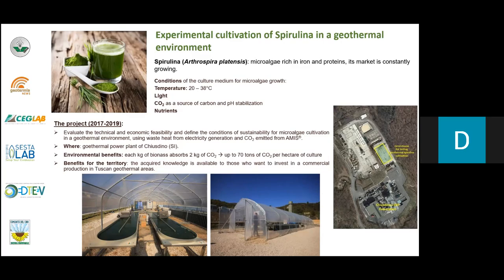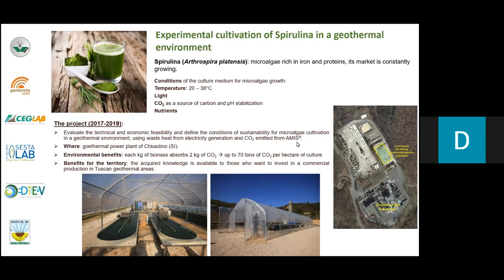About this, I would say that most of the non-condensable gases emitted by the geothermal power plants are represented by CO2, which is a natural CO2, which is originated by the degassing processes which occur in the underground in carbonatic rocks, in limestones.